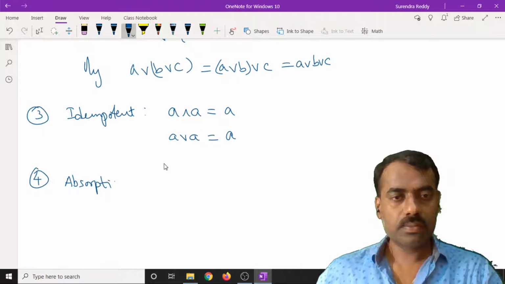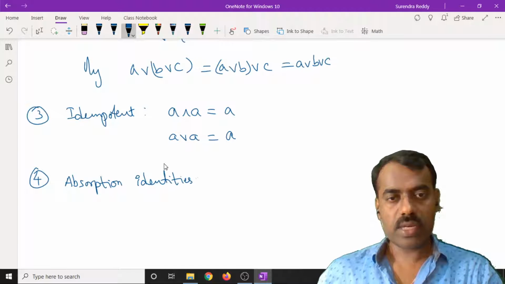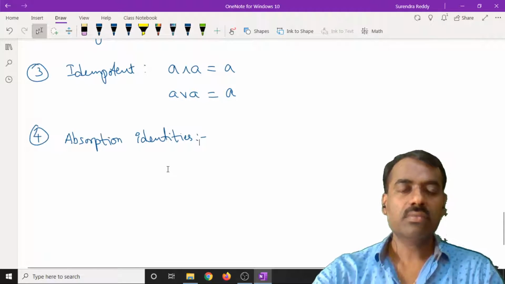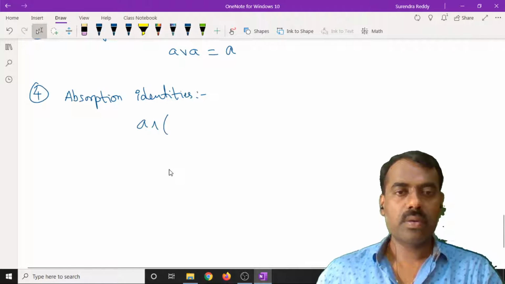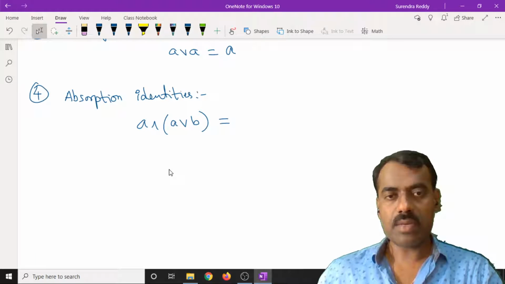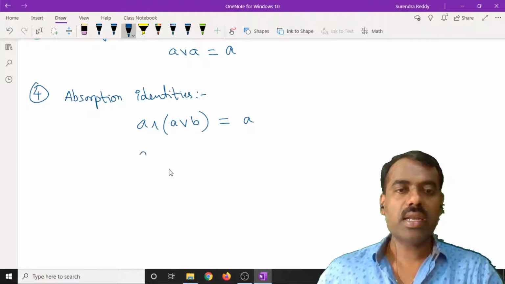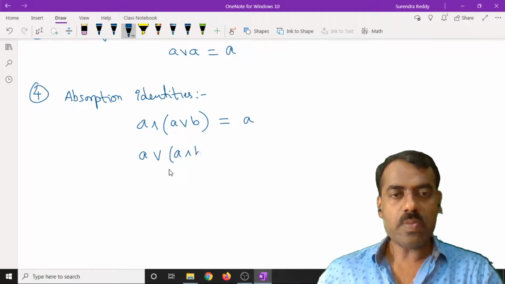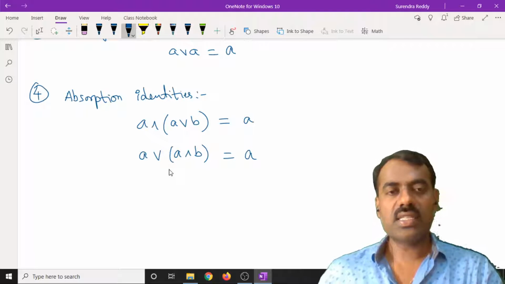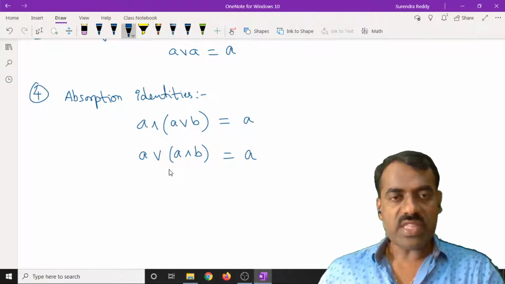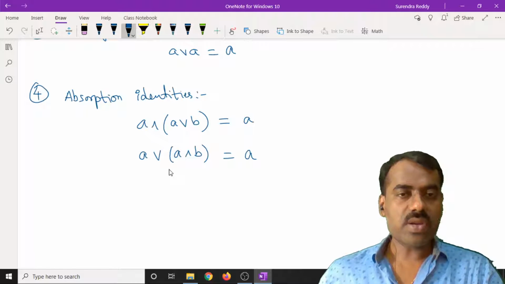Then the other non-trivial one which we will see is called absorption identities. So what are these absorption identities? A meet (A join B) is nothing but A, and A join (A meet B) is also A. So what is the meaning of this? When you try to meet with A something bigger than it, you are not going to get anything new.